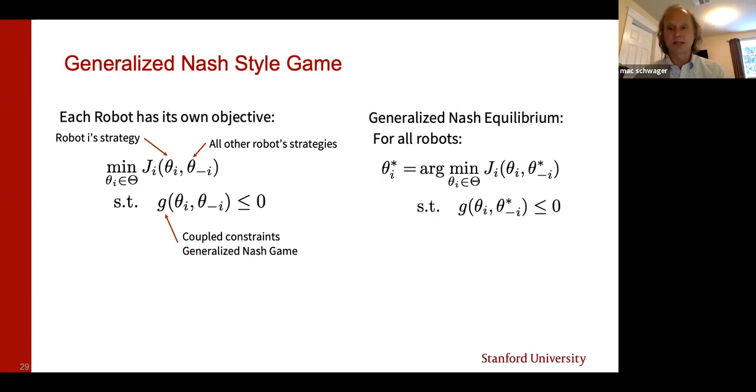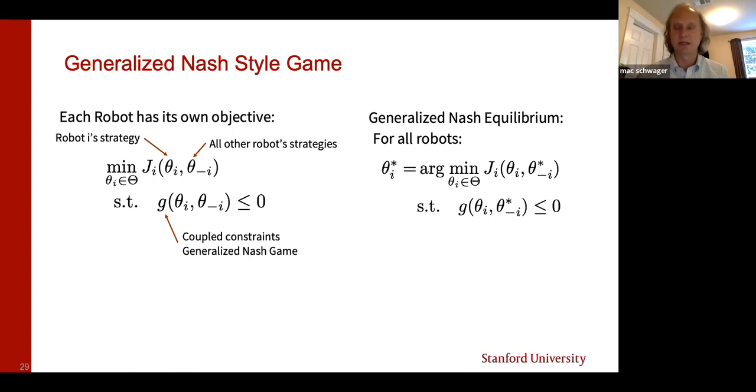And when I talk about a solution, what I mean is a generalized Nash equilibrium. There are lots of different notions of solutions of games, and I'm focusing specifically on this Nash style solution, which means the following. A Nash style solution is a set of decision variables, theta star, across all agents, where if I freeze everybody else's decision variables except for mine, then I'm doing as best as I can possibly do.